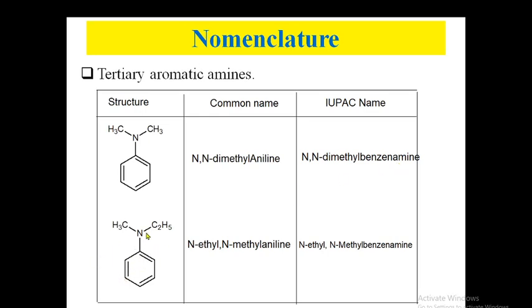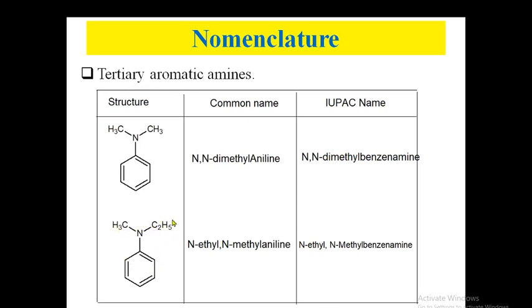Then the next is very similar, where a methyl group is replaced by an ethyl group. So the name becomes N-ethyl methyl aniline. Okay, I'll repeat again. It's N-ethyl methyl aniline.